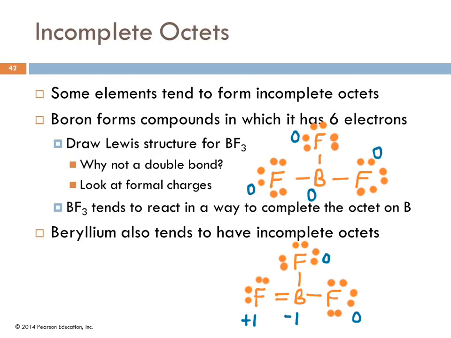So why not this structure? Because that doesn't have the lowest formal charges. When we do it this way, everyone has 0 formal charges. So boron tends to do that. Beryllium also tends to do this.